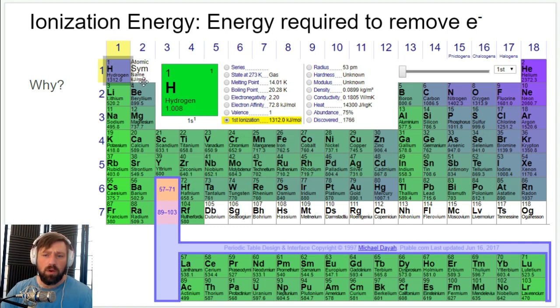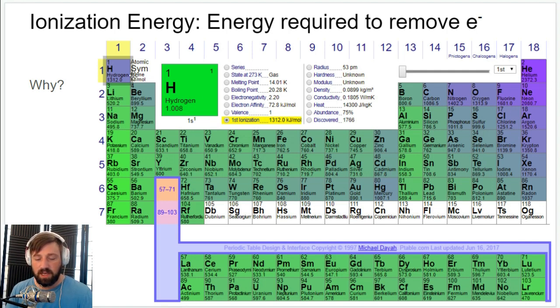Okay, so when you're going through and looking at ionization energy, what's going to be easy to steal from? What's going to be hard to steal from? Group 1 guys are going to be pretty easy to steal from because they have a single electron in their valence shell. That single electron is far away from the nucleus, and it has a smaller number of protons than other elements in their row.